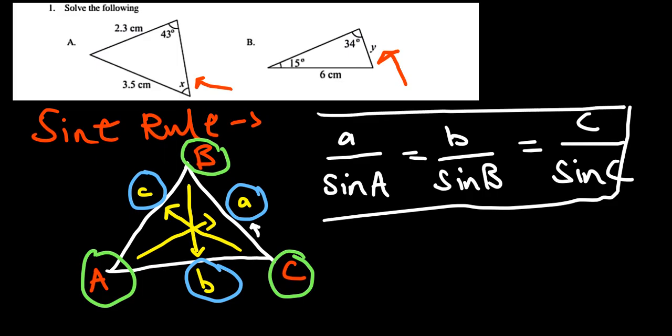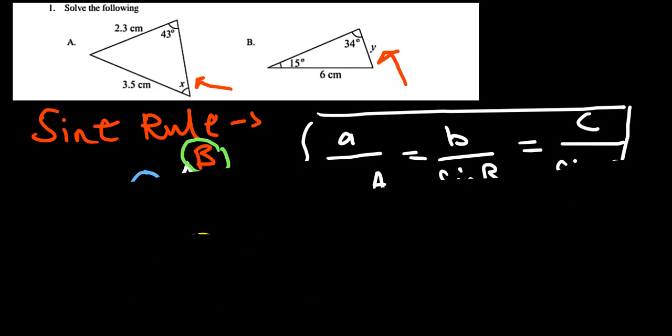We are going to use this sine rule to answer these two questions that we can see there. So let's create some space and then we get to the solving.